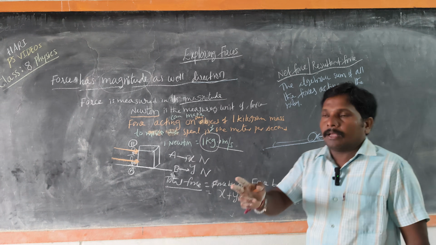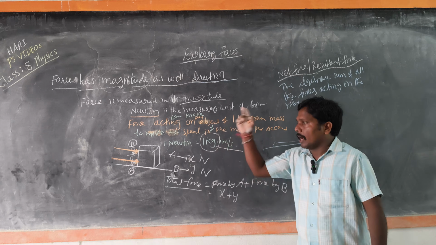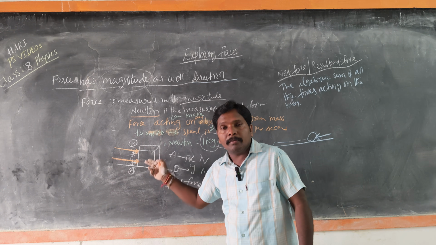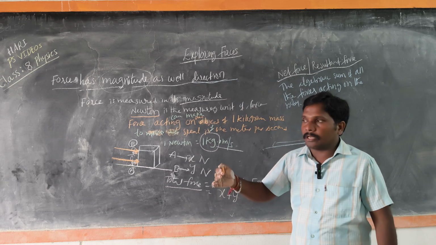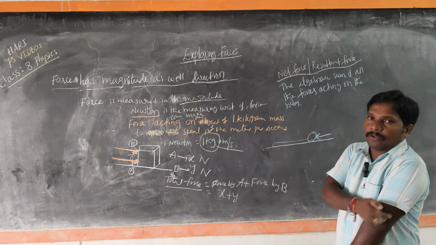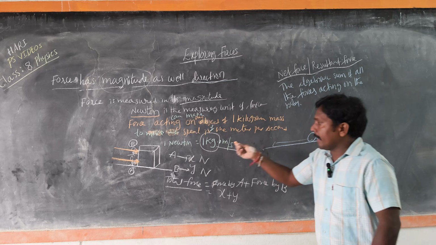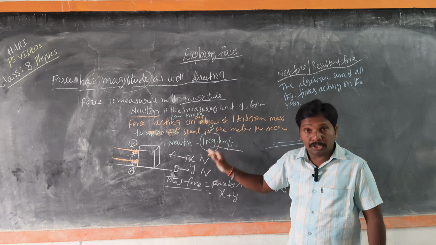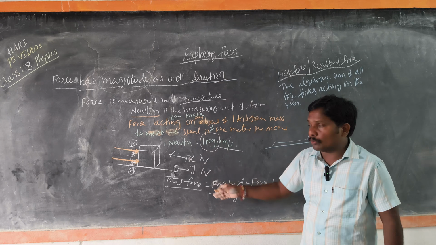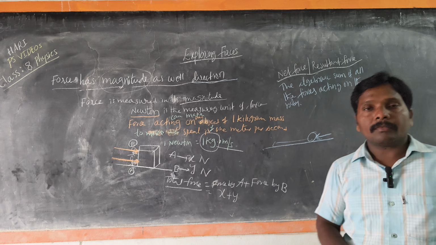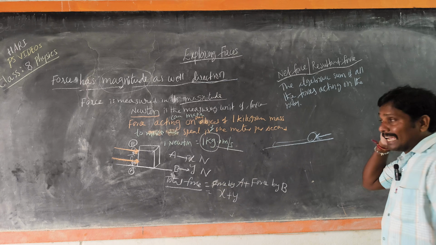Two forces, like x Newton and y Newton, are applying on the heavy box from left to right. So x Newton and y Newton are the magnitudes, and left to right is the direction.